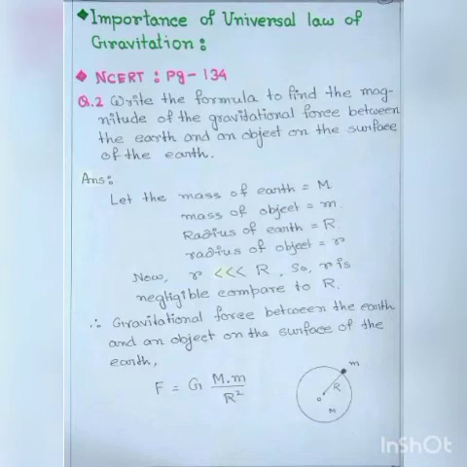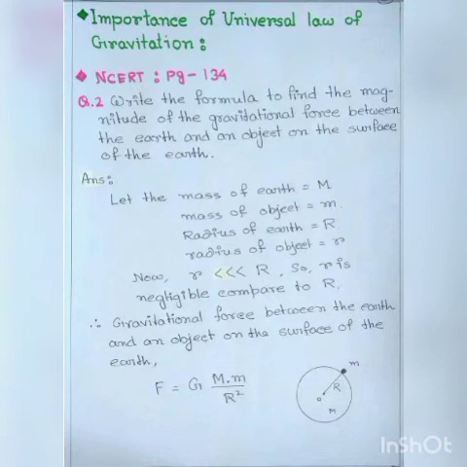Let us consider the mass of the earth is capital M, mass of the object is small m, radius of earth is capital R and radius of object is small r. Here the radius of the object, small r, is very much less than capital R. Therefore, small r is negligible compared to capital R.